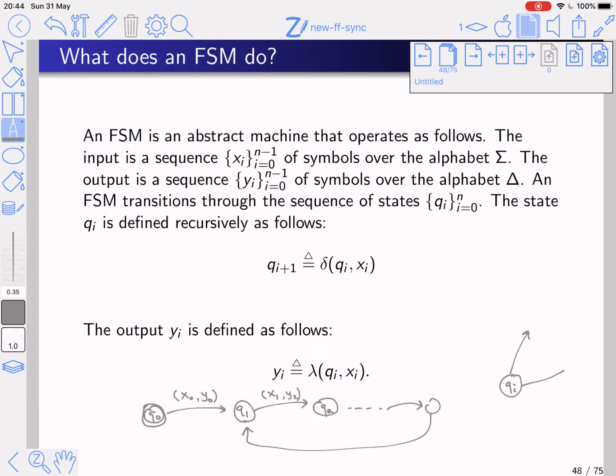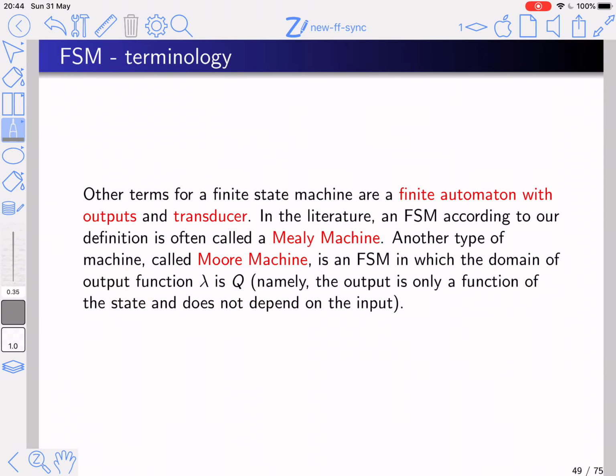So I might have 3 different transitions emanating out of Qi, depending on whether my input is sigma 0, sigma 1, or sigma 2. So for each symbol in my input alphabet, I may have a different transition that takes me to a different state from the current state. We'll elaborate on this shortly.